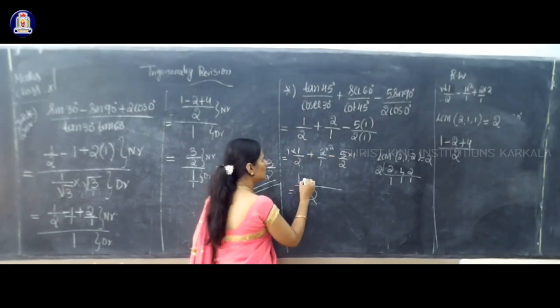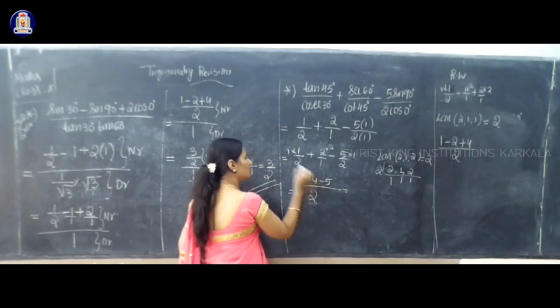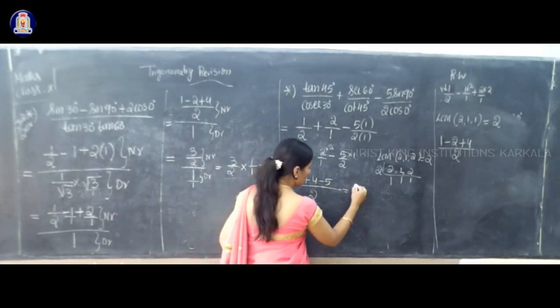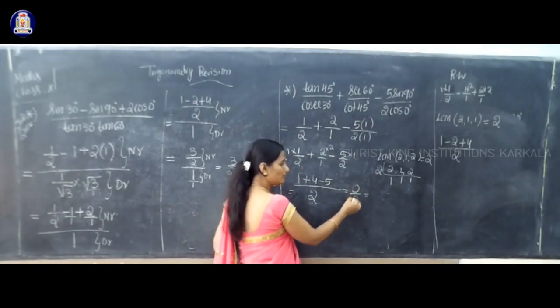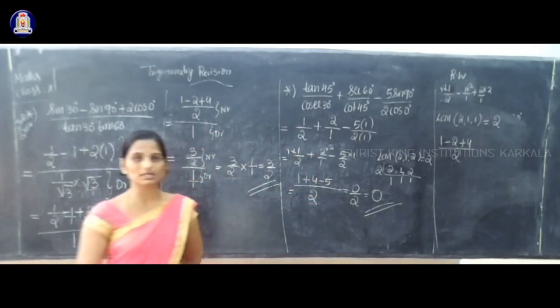So it is 1 plus 4 minus 5. 1 plus 4 is 5, 5 minus 5 is 0. 0 divided by 2: 0 divided by any number is 0. So the answer is 0.